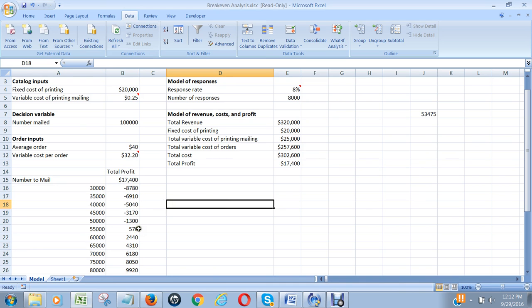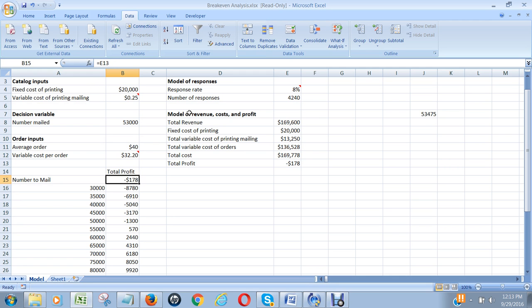And you can see that your break-even point is between 50,000 and 55,000 pieces. See how the profit goes from negative to slightly positive? What I did was just keep experimenting until I came up with the break-even point. Like, let's say 53,000 pieces.